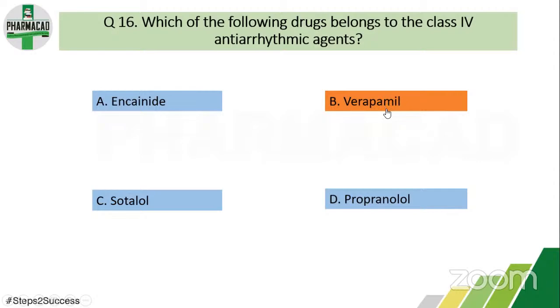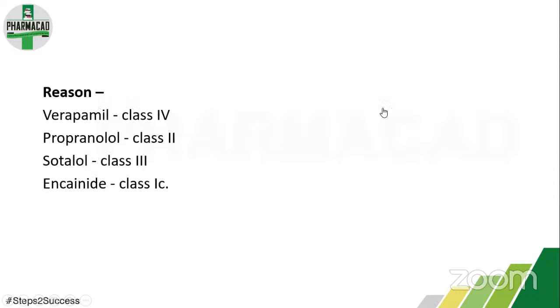Okay, so class 4 is calcium channel blockers, and verapamil is one of the drugs in it. Okay, so here we see the rest of the classification, that is verapamil belongs to class 4, propranolol belongs to class 2, sotalol belongs to class 3, and encainide belongs to class 1, and to be specific, 1C.